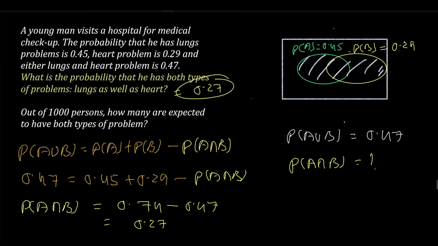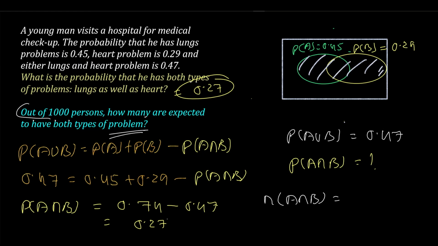Now there is an extended part of this question. Here it says out of the 1,000 persons, how many are expected to have both the problems? Both, that means the union, right? Sorry, both is intersection. So we have to find the number of A intersection B, not the probability.